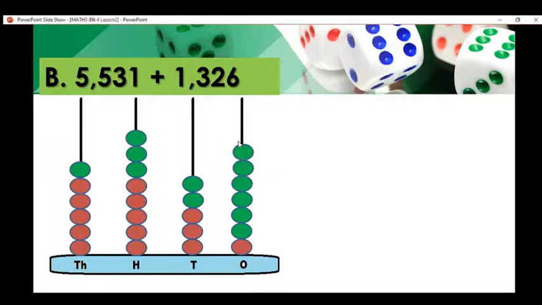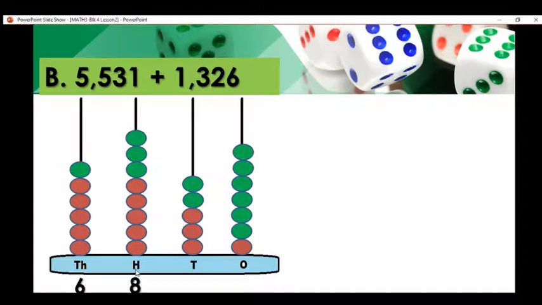Now that we are done putting each digit in its place value, we can now add the following per rod, or place value sticks, to find our final answer. So we'll count 1, 2, 3, 4, 5, 6. So we have 6,000. Let's have hundreds: 1, 2, 3, 4, 5, 6, 7, 8.